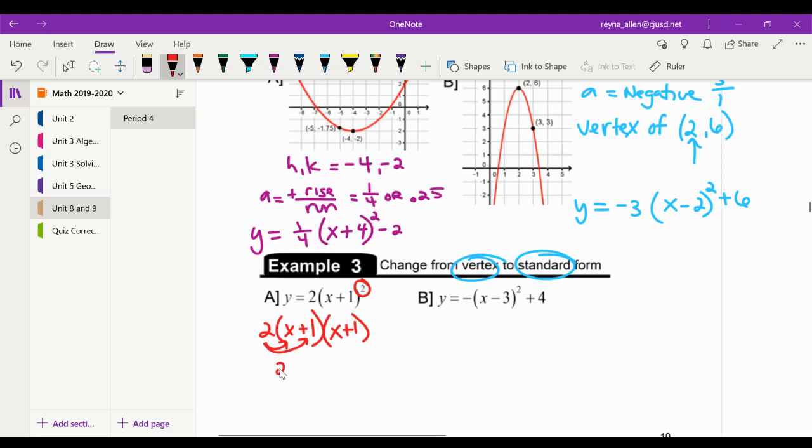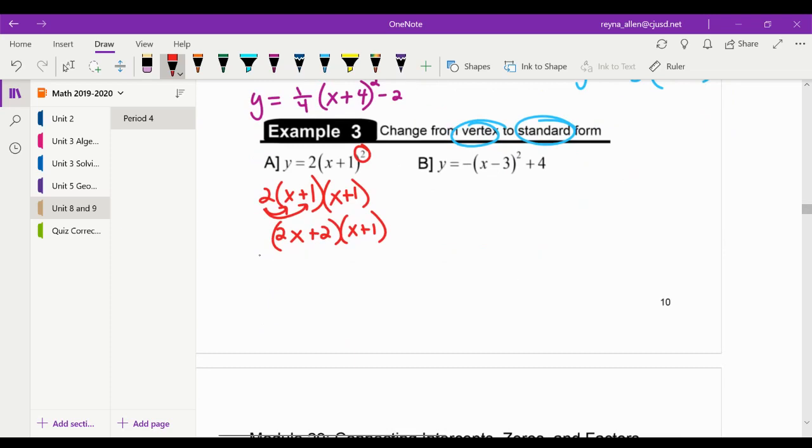So 2 times x, 2 times 1. And then I like to do the box method. If you like FOIL, you can do FOIL, whichever one. 2x plus 2, x plus 1: 2x squared, 2x, 2x, and 2.